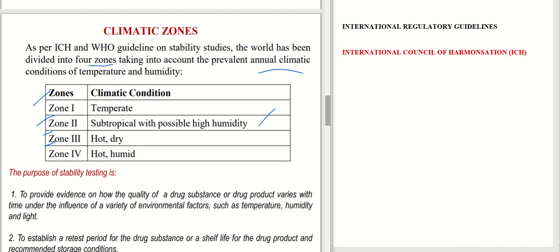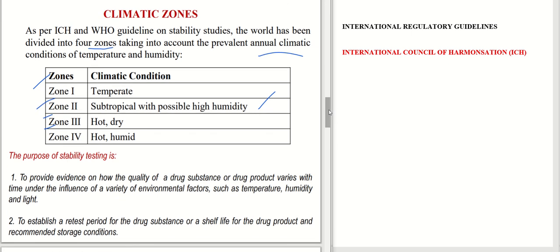Now, let's see what the purpose actually is. We do this study to know the quality and the stability of the drug substance. We'll get some evidence if our product is stable in this zone. We need to check the stability of the product in all these zones. For that, we cannot go into a particular country and check for it.